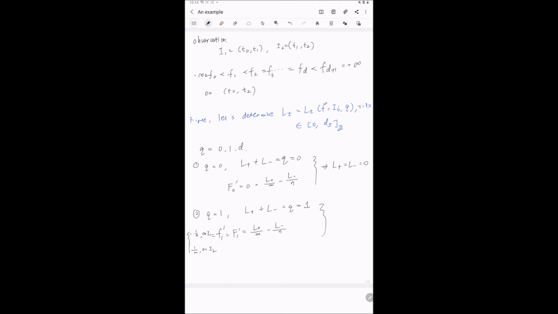So if you solve those two equations, you will get two possible solutions. First, if the interval is I1, then you get L plus equal to 0 and L minus equal to 1. But on I2, you get the opposite: L plus is equal to 1 and L minus is equal to 0.